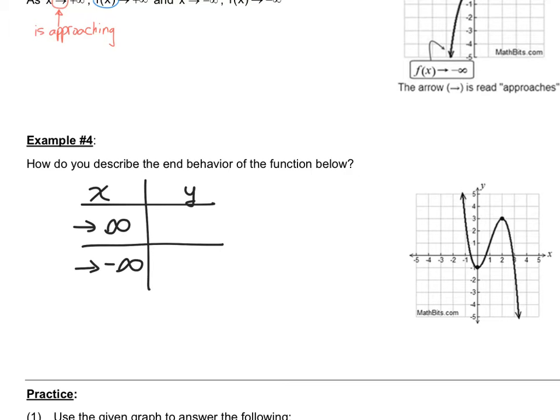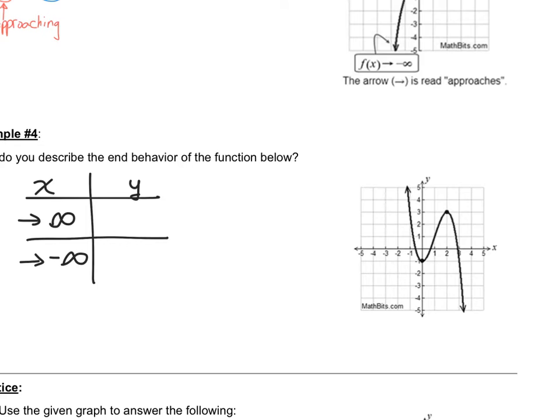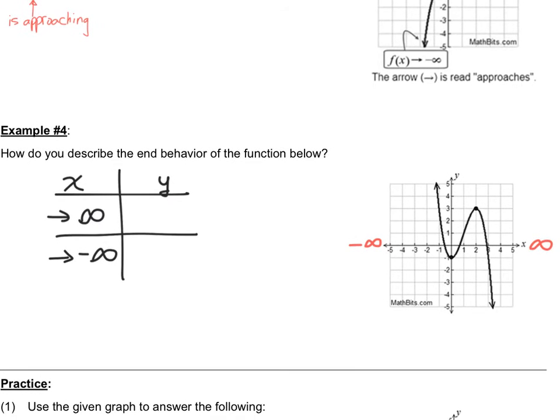If it helps, label up your graph. Put infinities wherever it makes sense to put infinities. I got an infinity here, I got a negative infinity there. Obviously it's not the next number after 5 and negative 5, but you know that you're going in that direction.